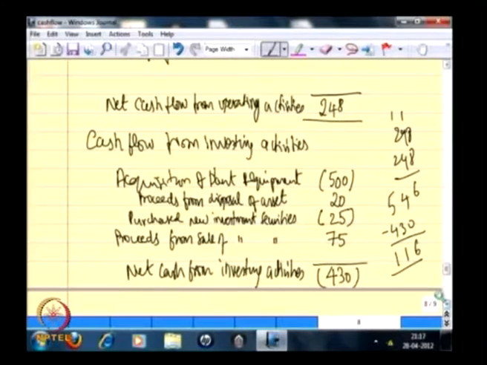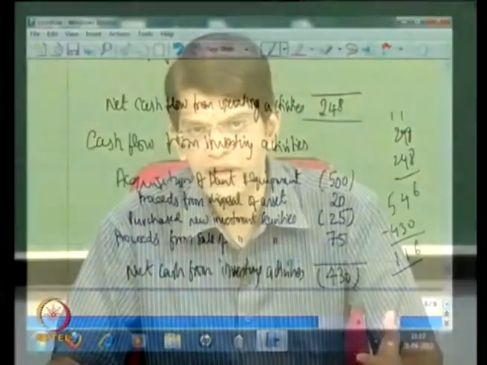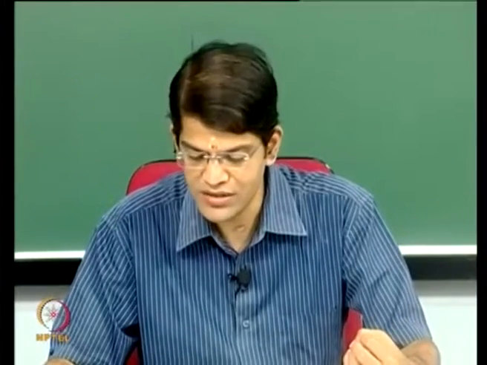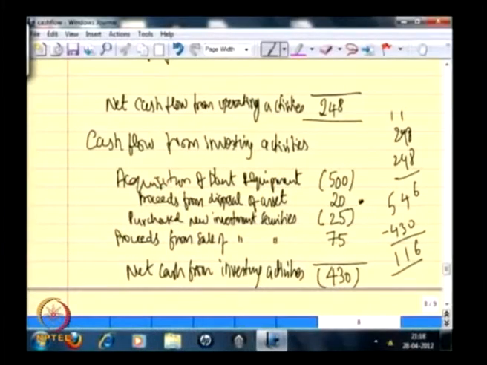And the example that was given last class was, there was an asset whose cost of acquisition was 150,000, and after it has served its entire life, it has been disposed of or sold, and the net proceeds that the entity gained by disposing of that particular asset was 20,000, and this is what we recorded here in the previous class. This is this 20,000.